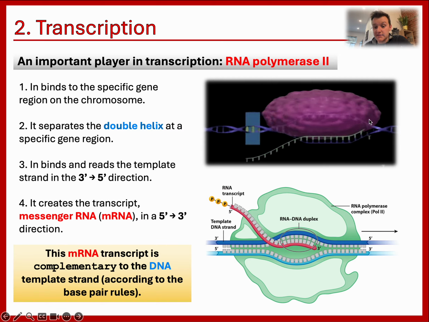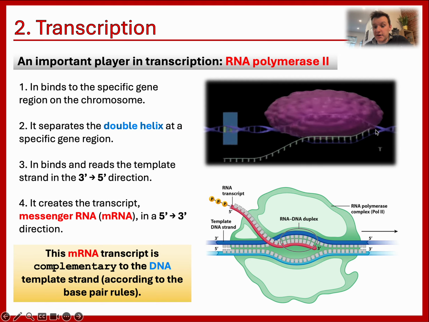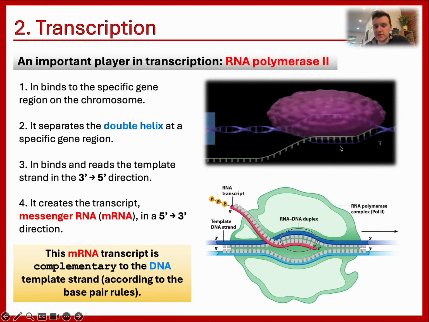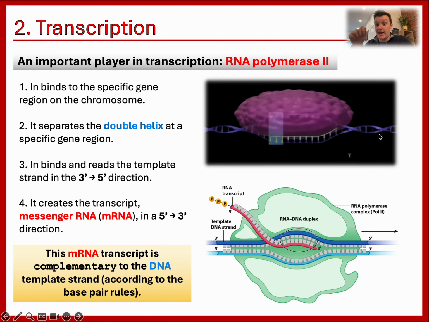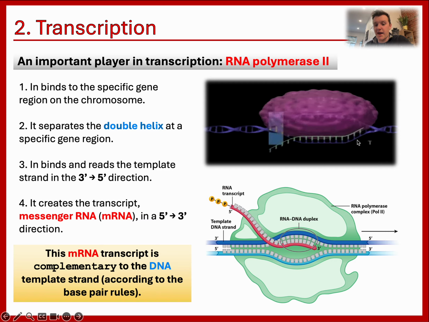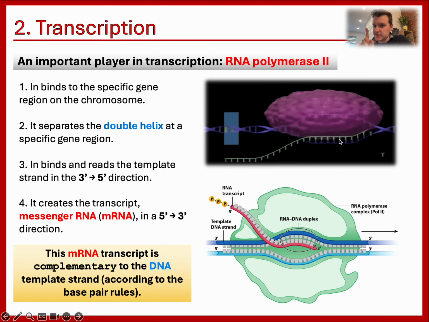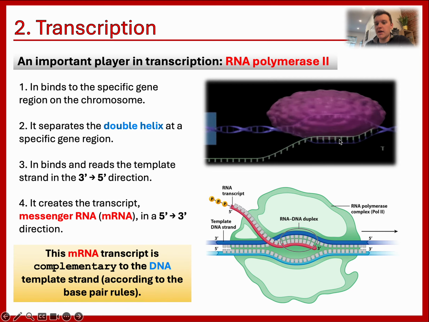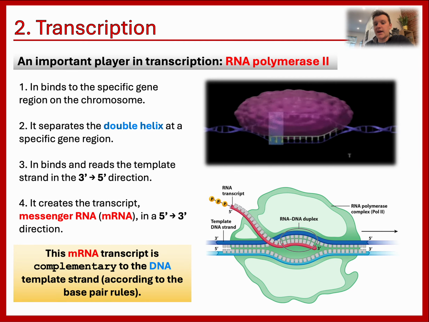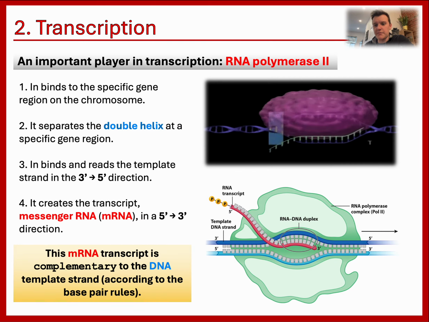The way that the RNA knows which nucleotide to make is by looking at that template DNA strand and adding the correct bases that match the letter, right? So A will not pair with T, it'll pair with U, right? And then you're gonna have G and C that are gonna pair together.